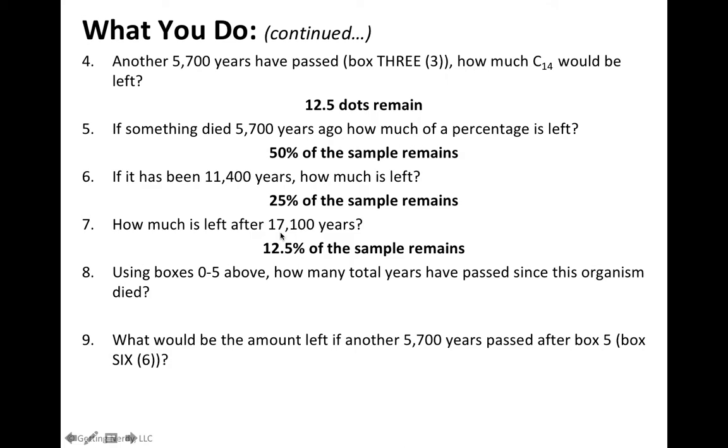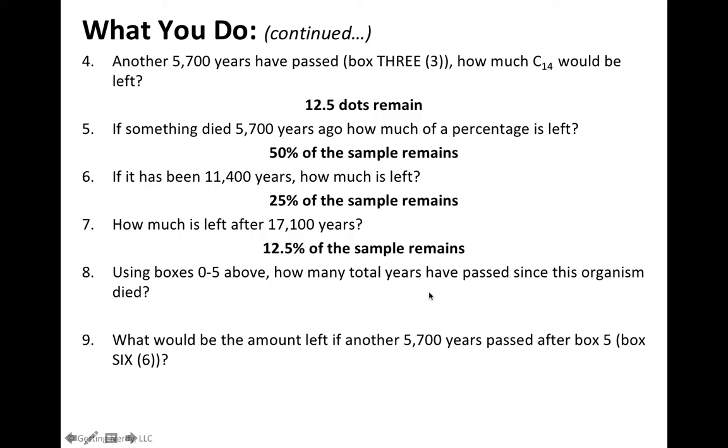So number 8, using boxes 0 through 5. So go back to the boxes. Okay, how many total years have passed since this organism has died? So you're going to have to do a little bit of math here. You want to think about how many half-lives there are and how many years it takes for each half-life to occur. Pause the video.